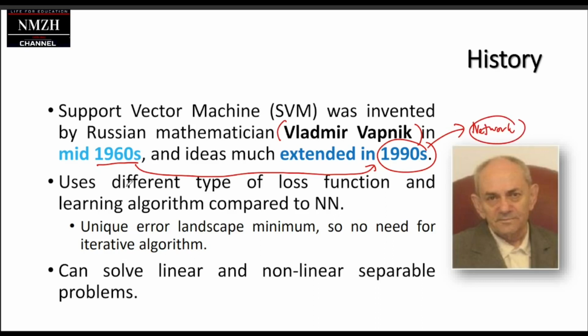The SVM uses a different type of loss function and learning algorithm compared to a neural network. It utilizes a unique error landscape minimum, so there is no need for an iterative algorithm. Iteration happens in a neural network, meanwhile this SVM wouldn't require a training session again and again and again. It can solve both linear and non-linear problems that are given.